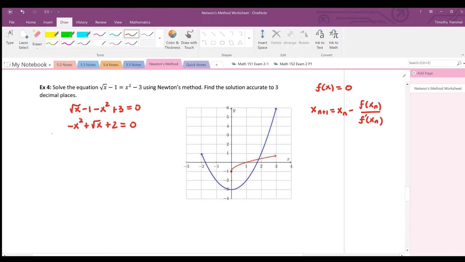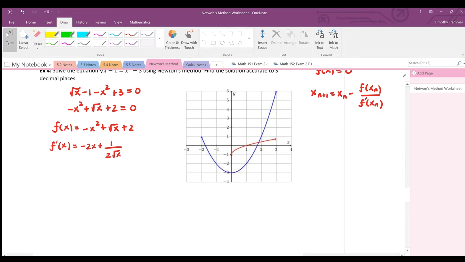So our function is f of x equals minus x squared plus the square root of x plus 2. And before we can actually use Newton's method, we also need the derivative. The derivative here is minus 2x plus 1 over 2 times the square root of x, plus 0. Okay.